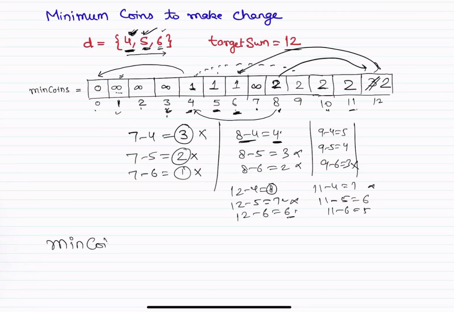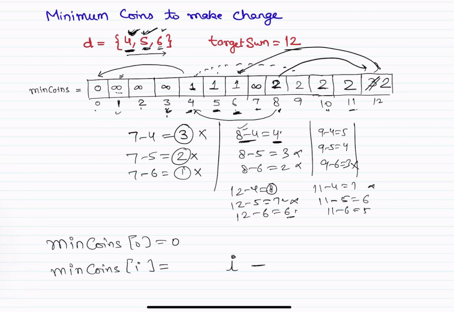So if we try to summarize whatever we have discussed, is it fair to say that min coins of 0 can be filled directly with 0, but to fill any other value in this array, min coins of I, what we have to do is subtract from I. From I, if you notice, for every index we were subtracting every array element.